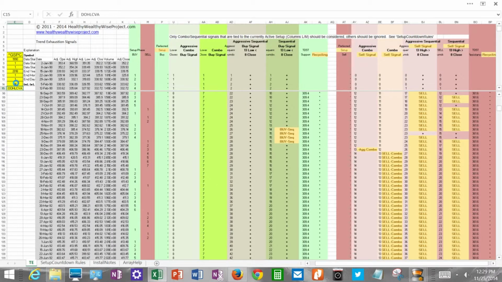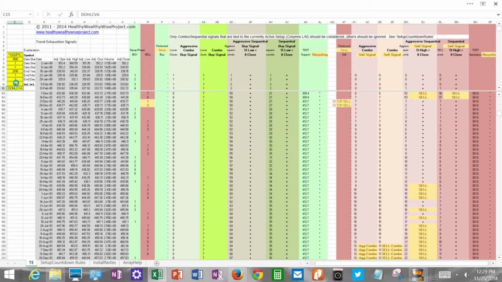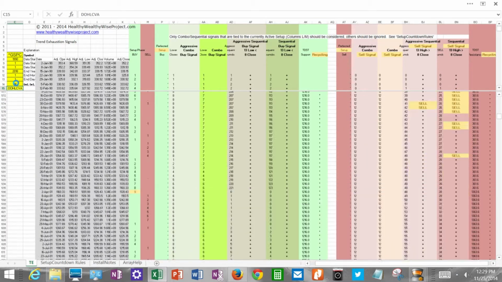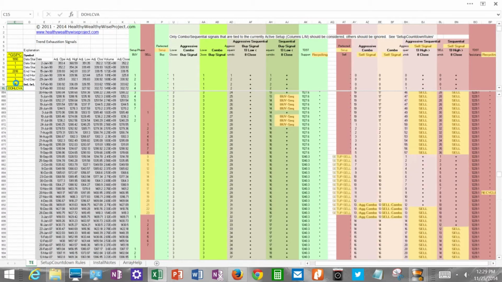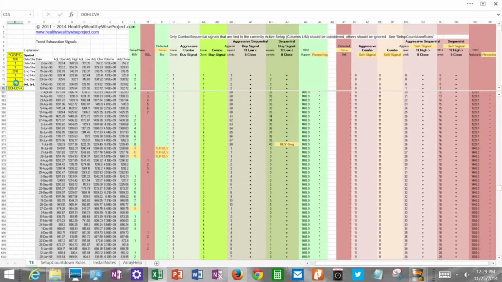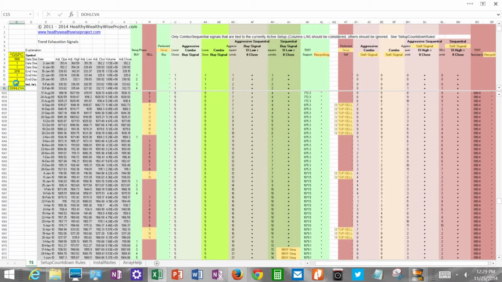But I will point out, say on the S&P 500, that the March 2009 re-entry into the market was called not only by the monthly, but it was coordinated with a weekly signal.